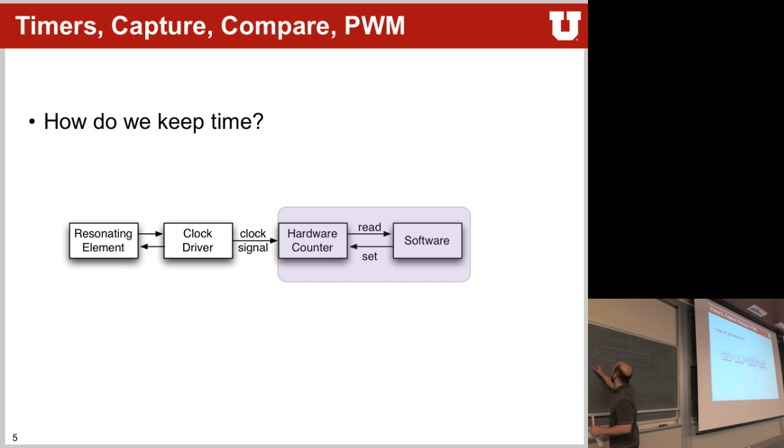So a capture is another register that sits up here that has a wide bus interface into this timer. And what happens is that when there is a signal from the external side coming in, when this signal has a rising edge, or you can configure it to sometimes be a falling edge, let's take a rising edge, it will take the value that's stored in here and copy it over into your capture register.